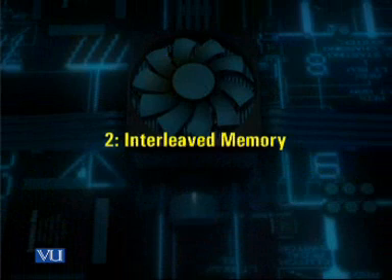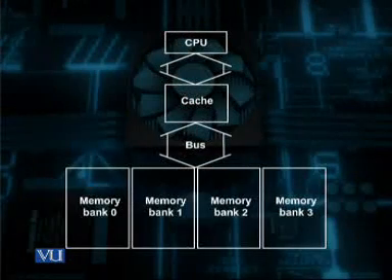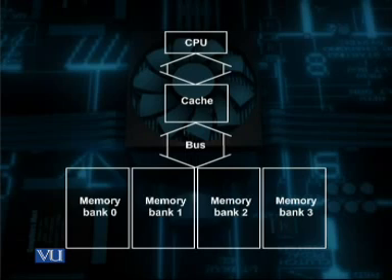Now let us talk about the interleaved memory design. An alternative approach to increase the bandwidth of main memory is to organize the memory chips in banks to read or write multiple words instead of one word at a time.